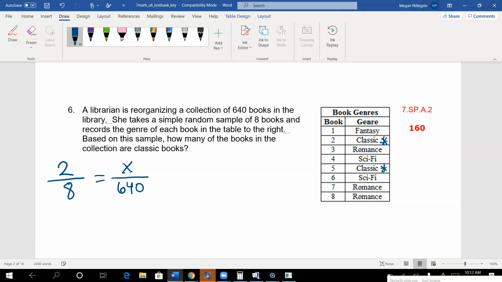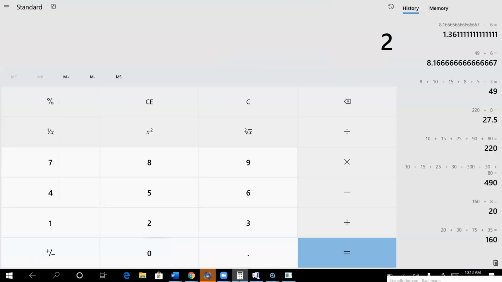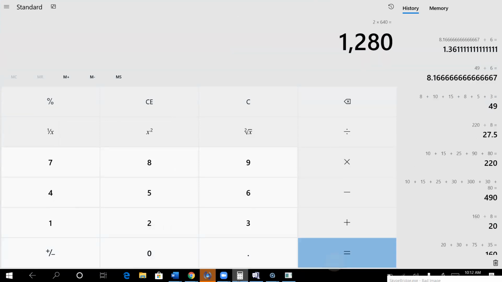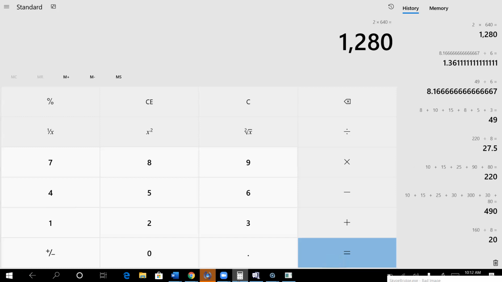So I'm just going to solve my proportion. So 8 times x equals 8x, and 2 times 640 equals 1,280.